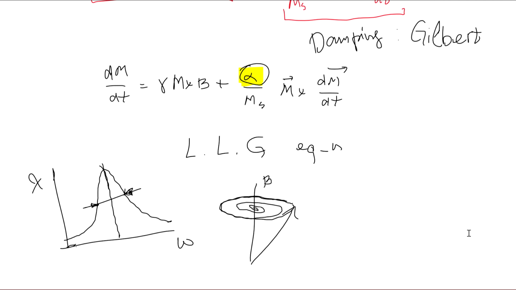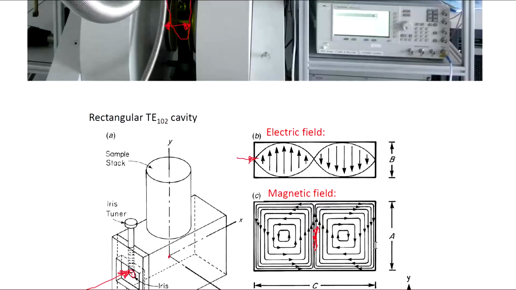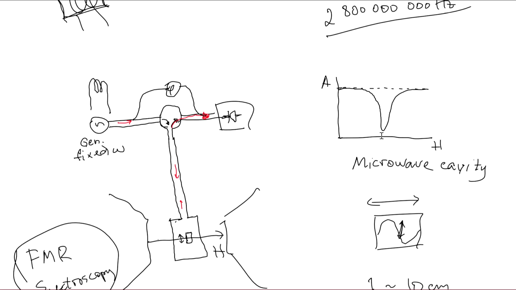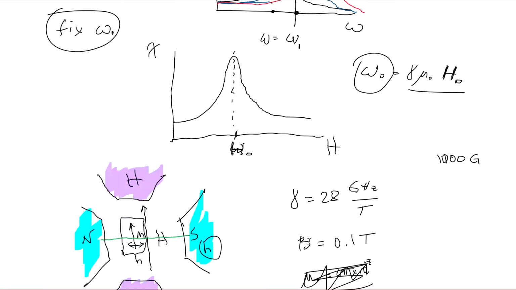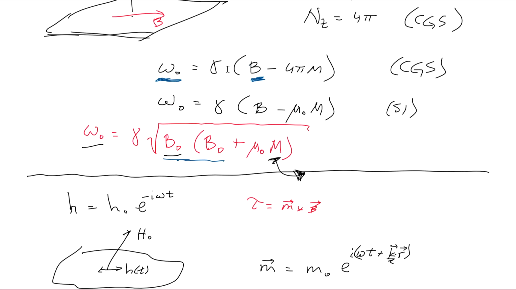And by measuring the ferromagnetic resonance of material, by measuring in this setup, you can judge, first of all, about the saturation magnetization. I can point it out here. So you have M, M, M there.